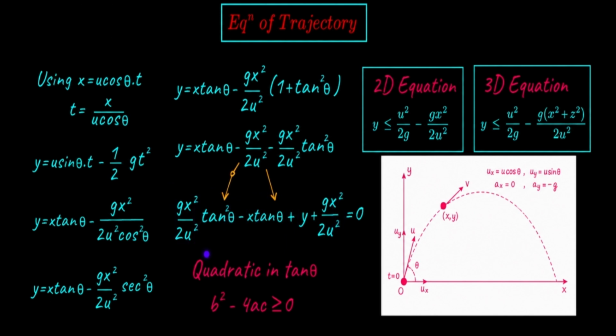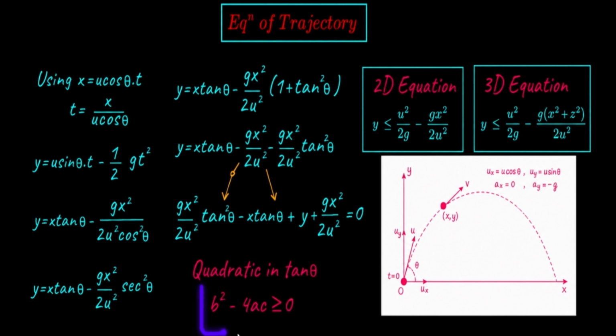Now, pause here for a moment and think. What does this quadratic represent? For a given point, x, y, in the plane, if I want to find whether a trajectory can pass through that point, I need to find a real angle theta. For a real theta to exist, t equals tan theta must be real.